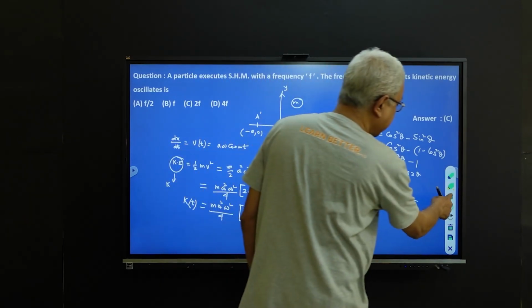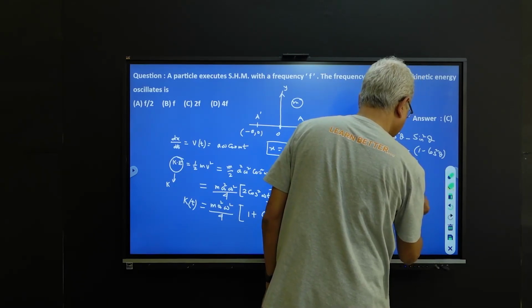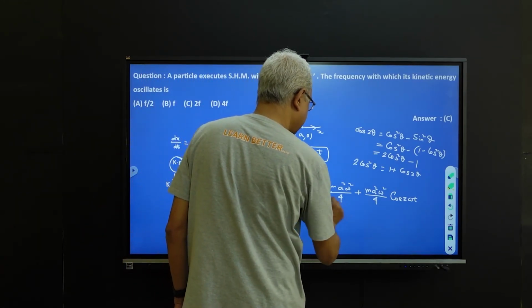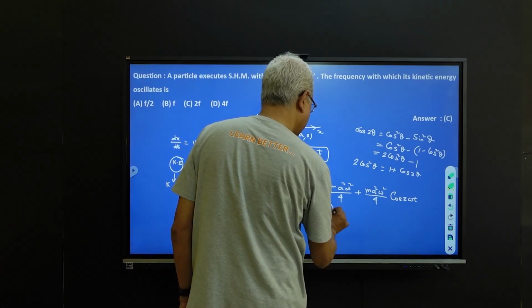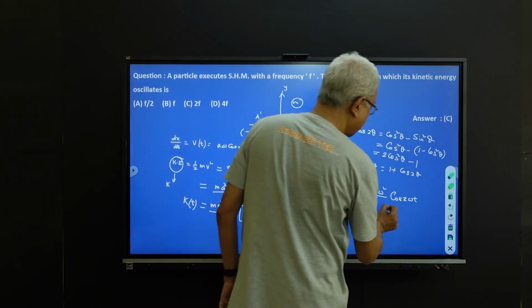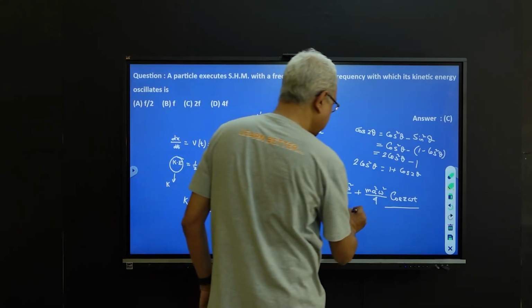And because of the presence of this cos 2 omega t term in the expression for kinetic energy, k is a function of time, and in a cosinusoidal manner k value is changing.